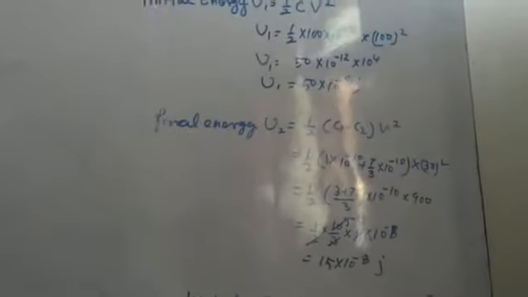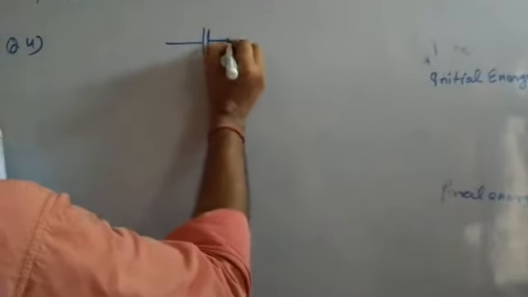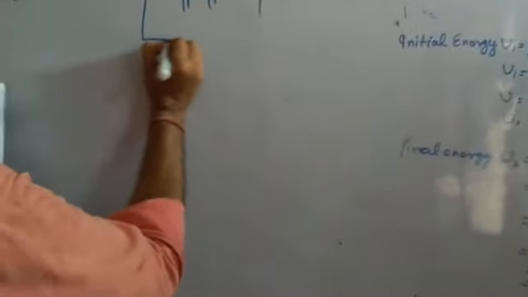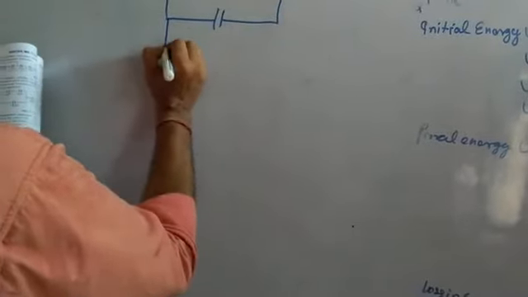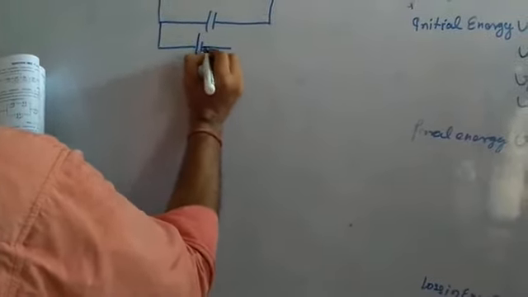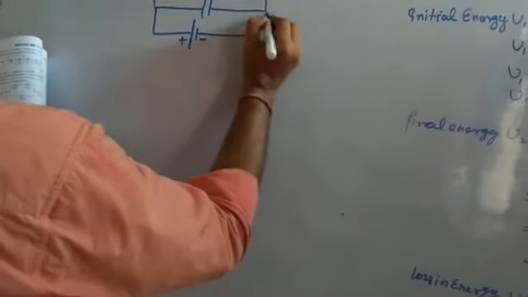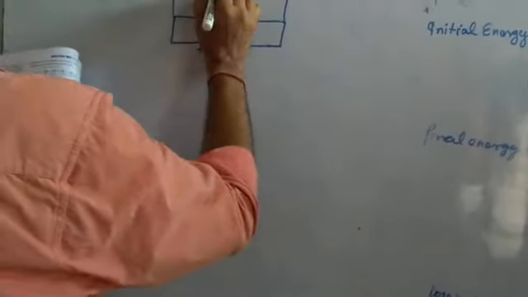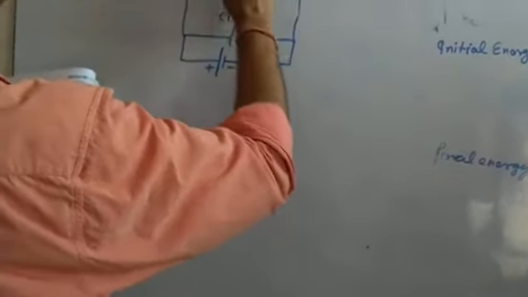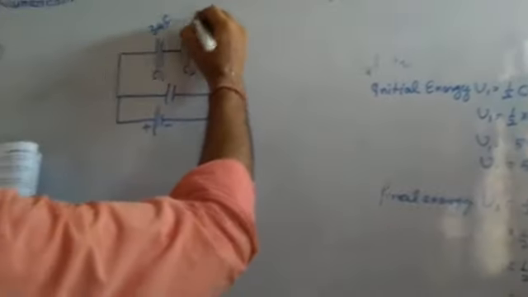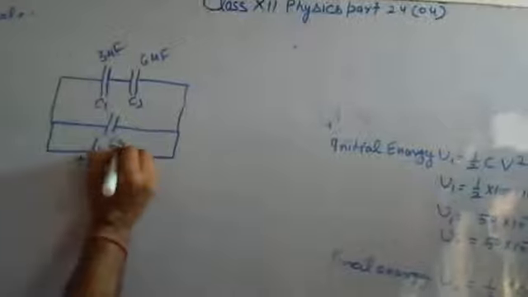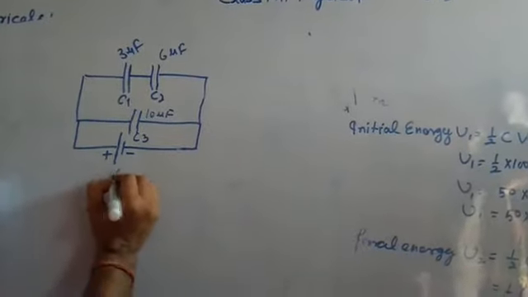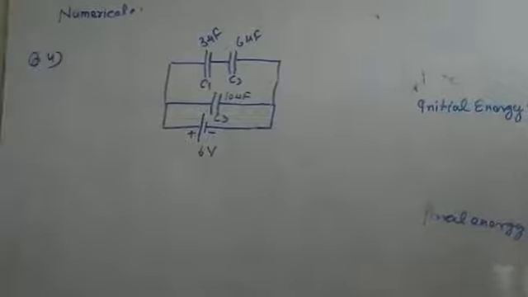Three capacitors, C1, C2 are 3 microfarad, 6 microfarad, C3 this 10 microfarad, and this 6 volt battery, equivalent capacitor as shown in figure.